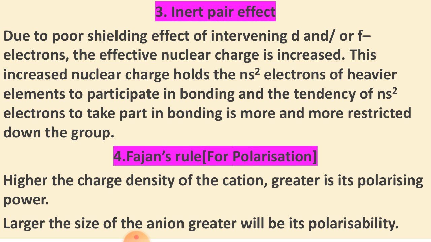One more thing you have to know which is related to Fajan's rules, that is hydration enthalpy and solvation energy. So the more the polarization, the more will be the covalent character and the more will be the hydration or solvation energy. So these are basically about Fajan's rules. By knowing Fajan's rules, you can solve so many problems related to the p block elements.